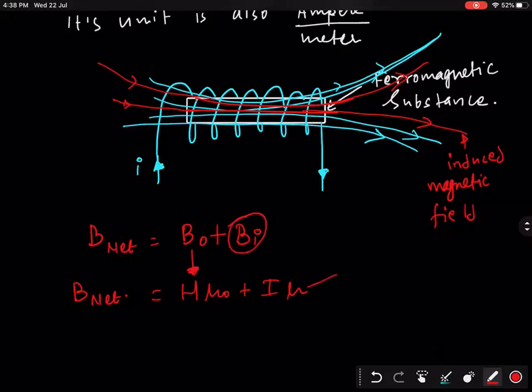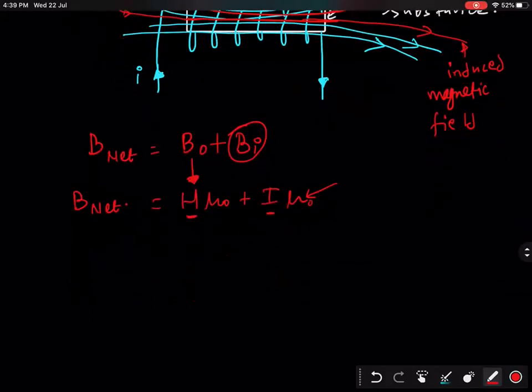That's why here I am multiplying by mu naught. I will multiply here also by mu naught. So this is external and this is induced.